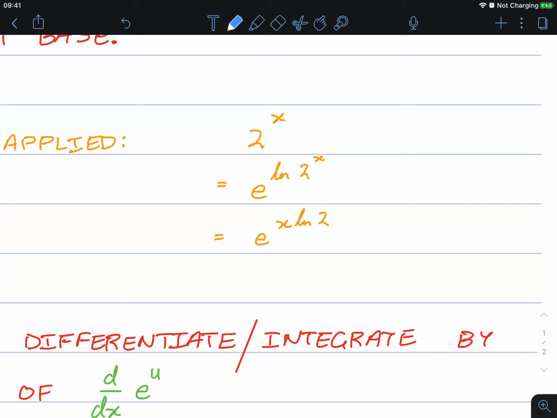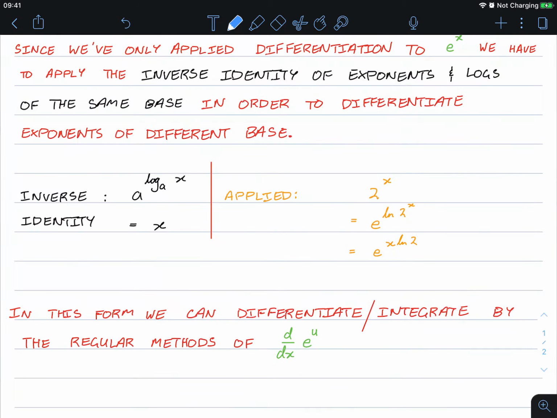The reason why we would do this is we can now take that x as a coefficient of ln. Now ln 2 has become a constant, it's just a number, and this here is e to the x, which we can differentiate.